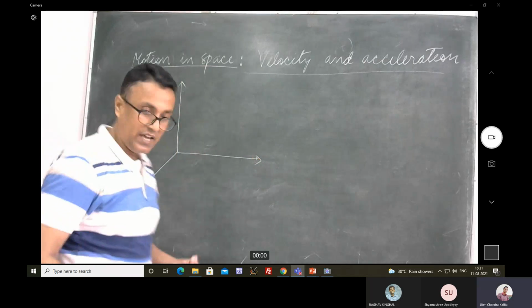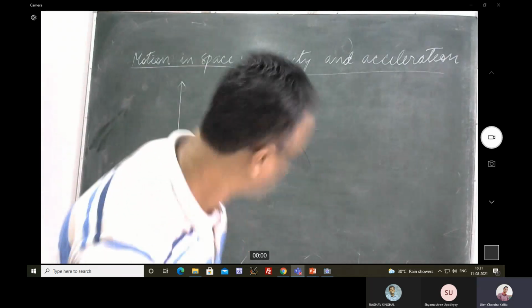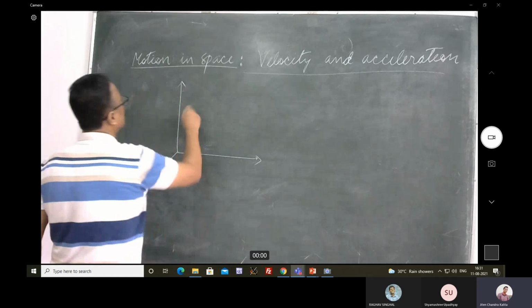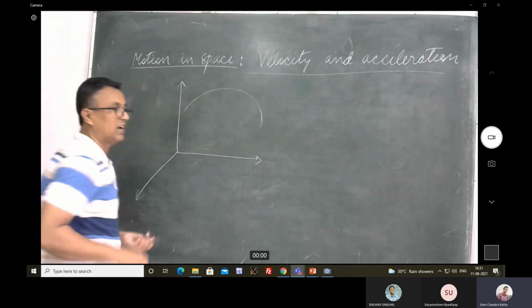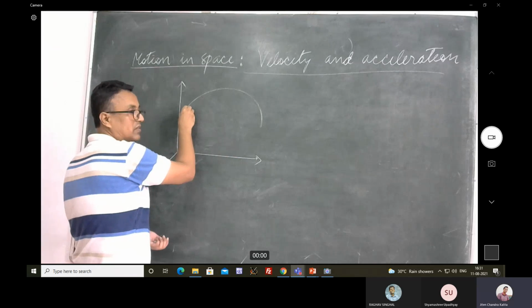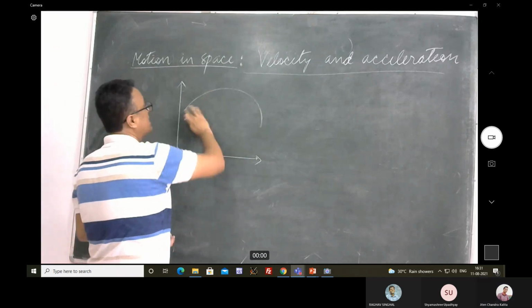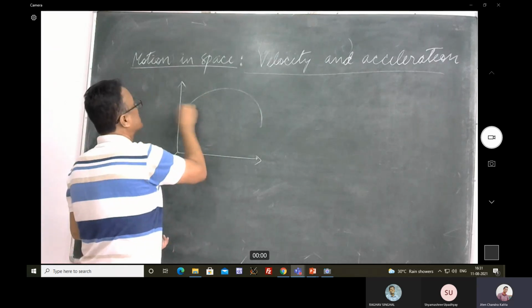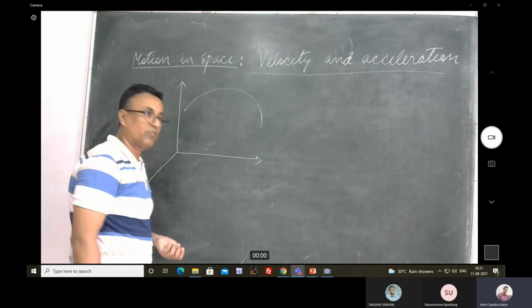As before, suppose I am considering a space curve. If I consider this space curve to be the trajectory of a particle moving in space, then what is going to happen?